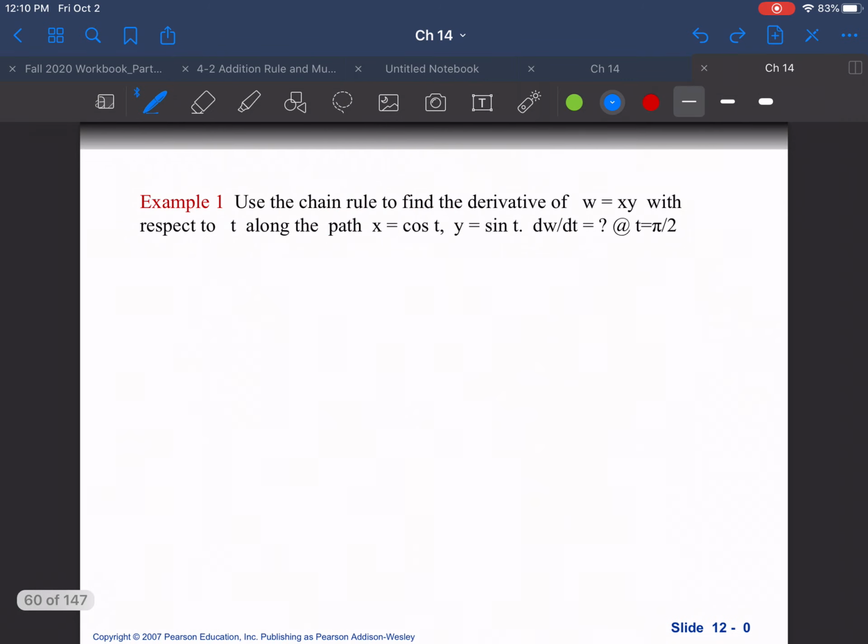Okay, here use the chain rule to find the derivative of w equals x times y with respect to t along this. So what we want is dw dt, right?